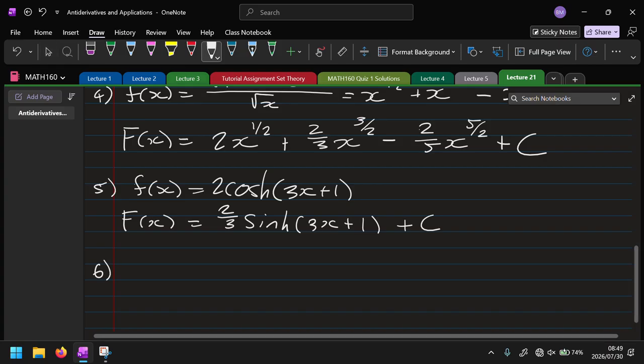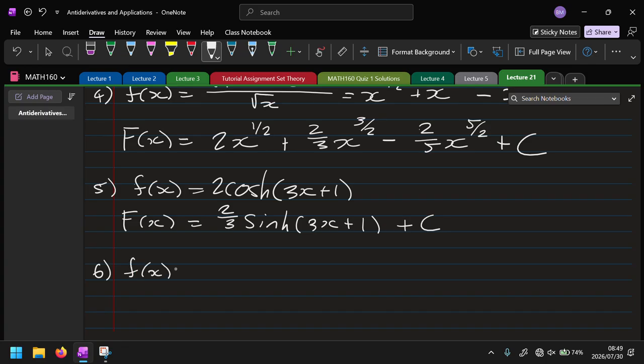Okay, number 6. We have minus sec squared 5x. Again, the number in front, the -1, we ignore. The 5, we ignore. We just look at the function. So sec squared, the derivative of what gives us sec squared? Tan.